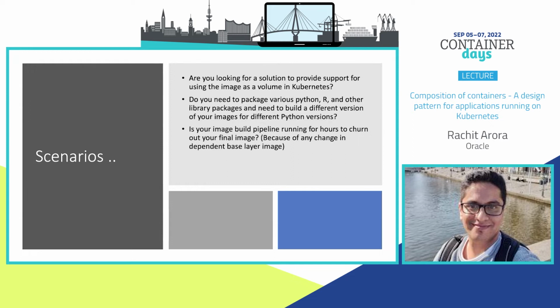It's been a very big discussion in the Kubernetes community from the beginning days of Kubernetes. If you're using pure Docker, Docker used to provide this option of using an image as a volume, but Kubernetes decided not to give that capability by default.